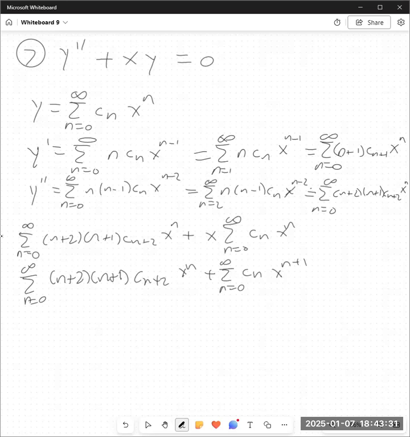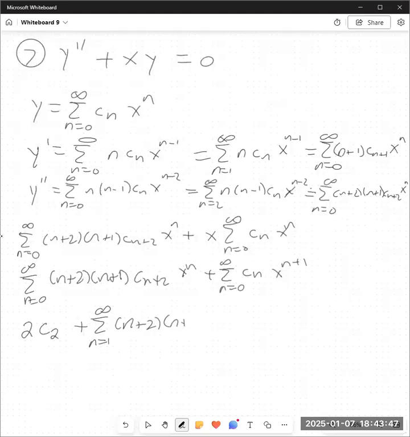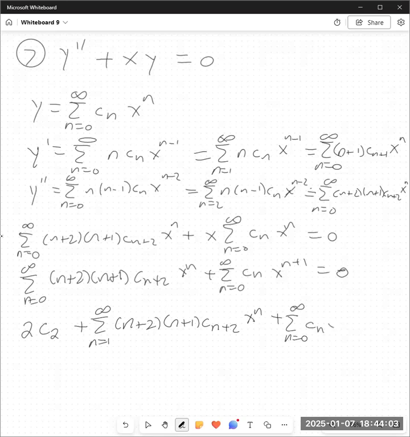So I'm going to pull out the first term, n equals 0: 2 times 1 is 2, c_2, x^0, plus, and then this starts at n equals 1 to infinity, (n+2)(n+1)c_{n+2} x^n, plus the sum from n equals 0 to infinity, c_n x^(n+1).